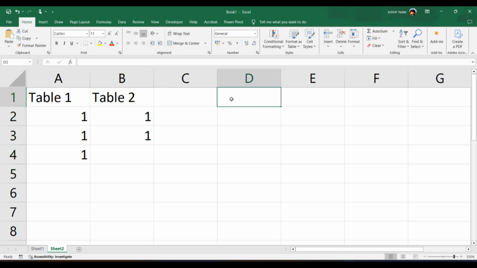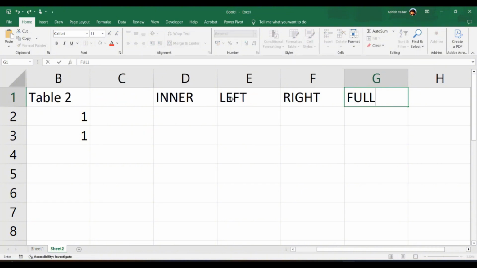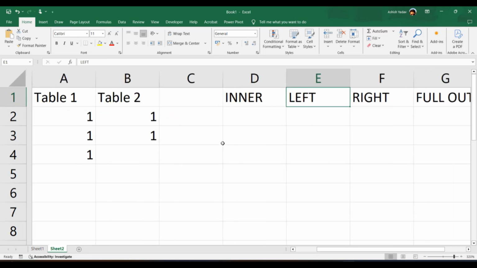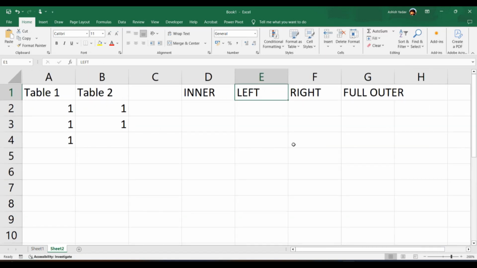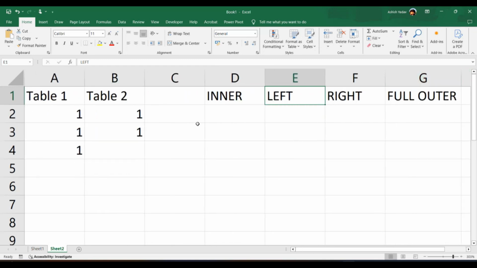There can be multiple ways in which you can bring it, and those are your different types of join. There is inner join, left join, right join, and full outer join. These are the four different types of joins, which are slightly different in their working. So let's understand them in detail.